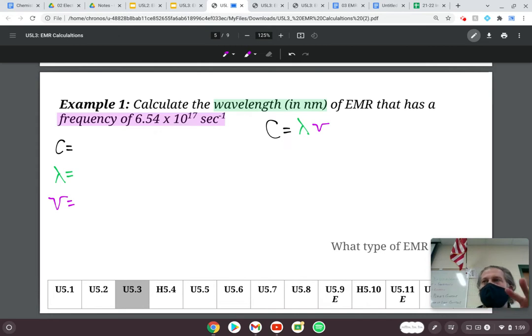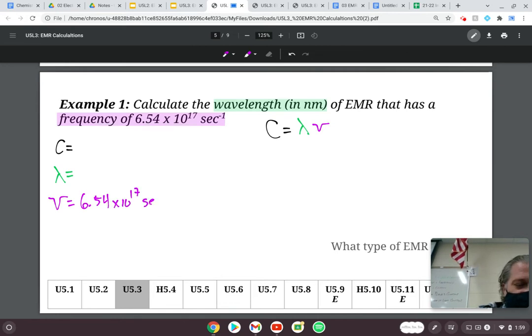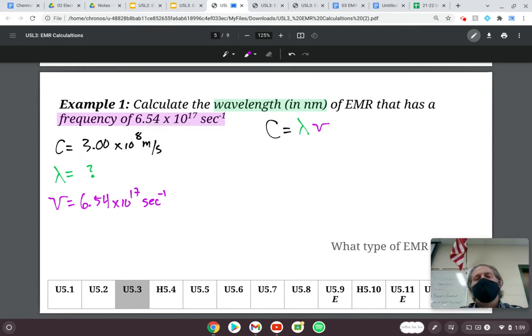The number that has been given to me is 6.54 times 10 to the 17th per seconds. The problem is asking me to calculate the wavelength. I know C because C is always going to be 3.00 times 10 to the 8 meters per second.